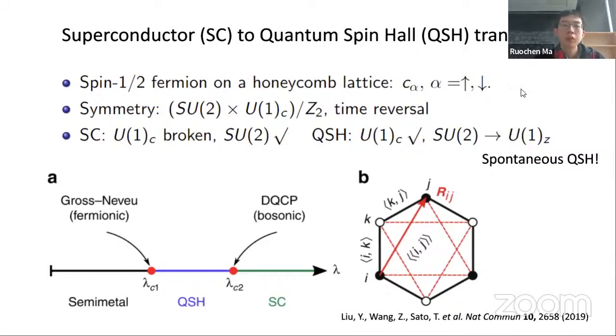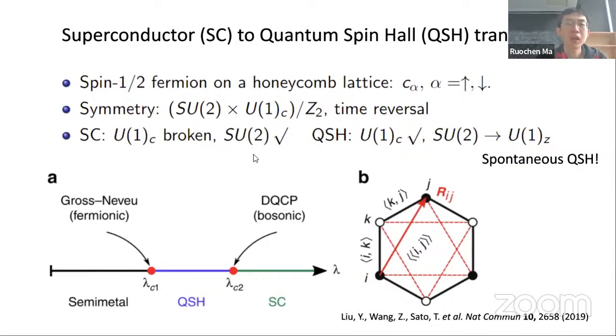And so there are two possible phases that we will focus on. The first possible phase is an S-wave superconductor. By tuning some interaction parameter on the lattice, you can realize an S-wave superconductor in this lattice model.